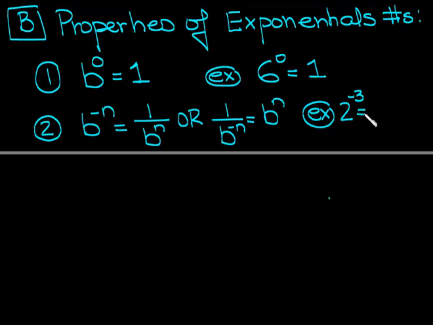So the first thing we need to do is make that exponent positive, so we move it to the denominator. Now I can do that. I multiply the base by itself 3 times, so you get 2 times 2 times 2, which is 8. So the answer is 1 over 8. Okay, so that's something you do need to be aware of.